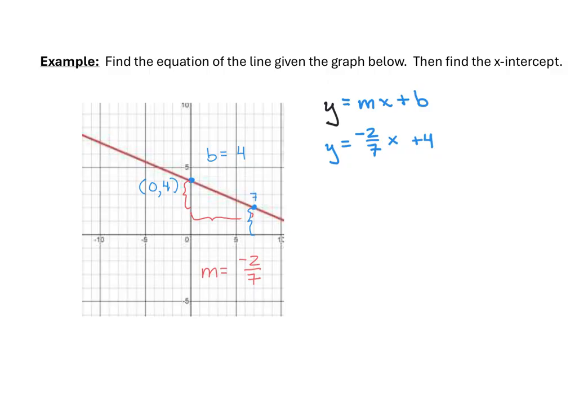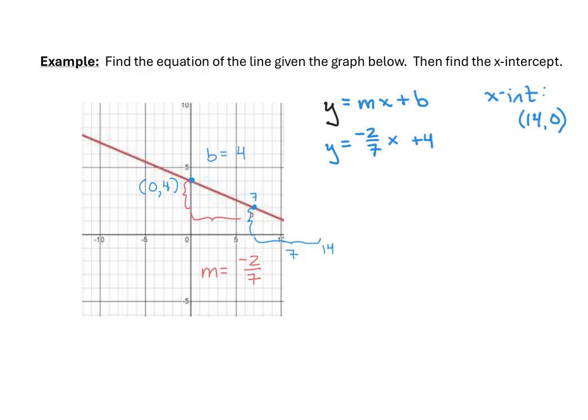And we want to go another 7 to the right. And if we go another 7 to the right, we should end up at 14. So we should have an x-intercept. Remember that x-intercepts, we always go x, which is 14, comma y, which is 0.